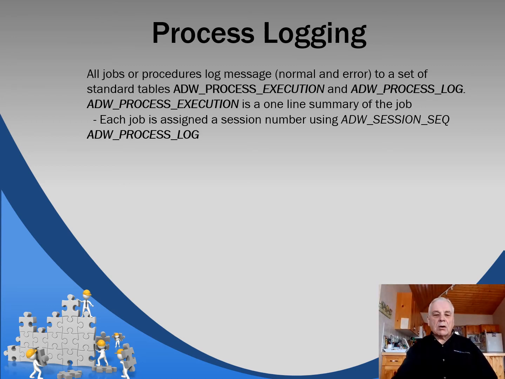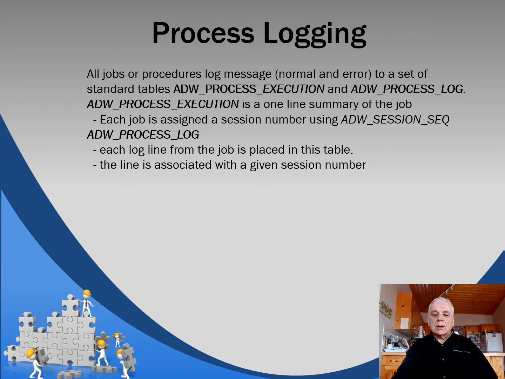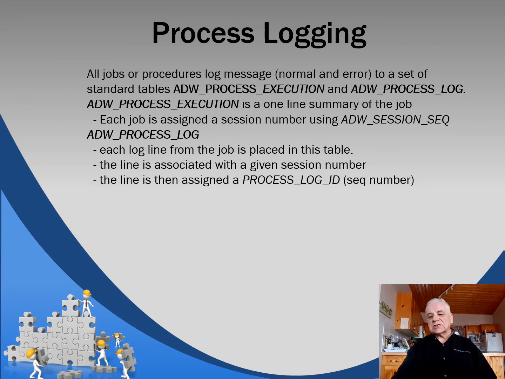Now, as a job progresses, each line will make entries into the ADW process log. Each line is associated with a given session number or log entry, and it's put out in sequence so that you can actually read it properly.